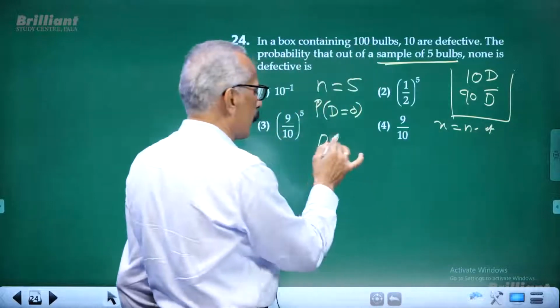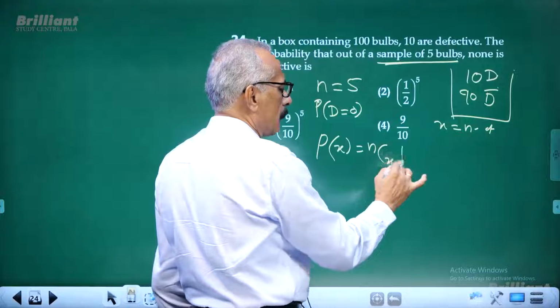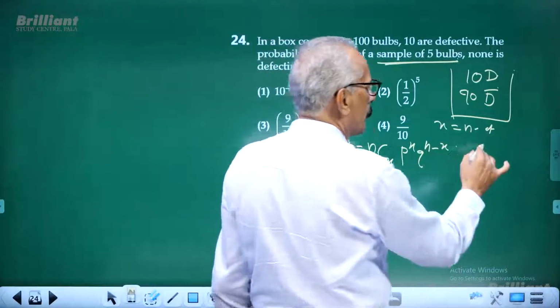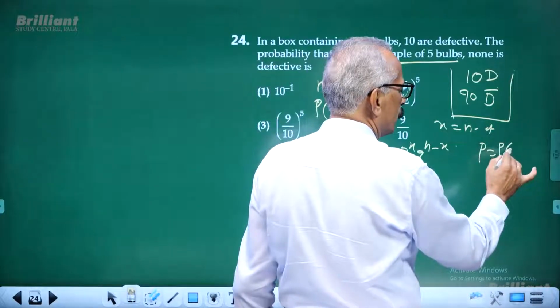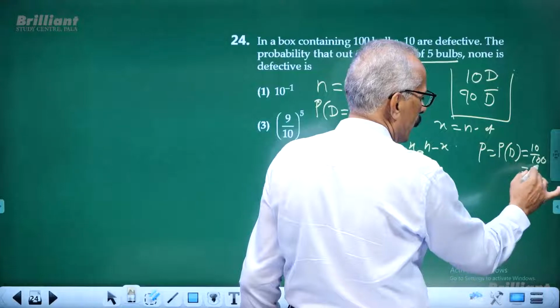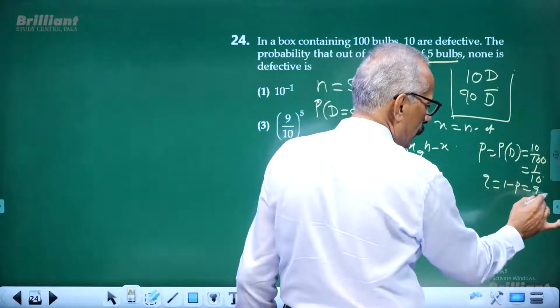So what will be the binomial distribution? Probability of x is equal to nCx, p raised to x, q raised to n minus x. What is our p? p means probability of defective. Probability of defective means 10 by 100, means 1 by 10. Therefore, q will be 1 minus p, that is equal to 9 by 10.